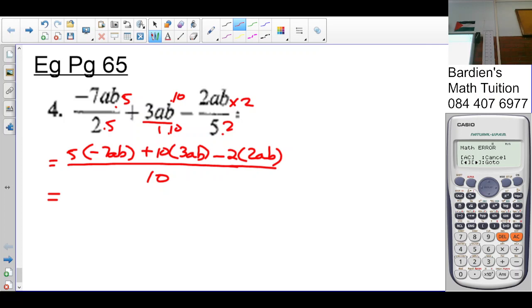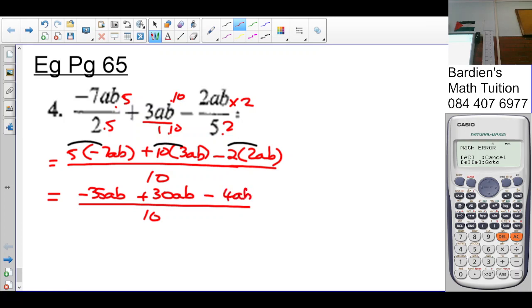Now what? Multiply this up. So what do you get? Negative 35ab plus 30ab minus 4ab. So negative 35 plus 30. In that, would that be negative or positive? Negative.